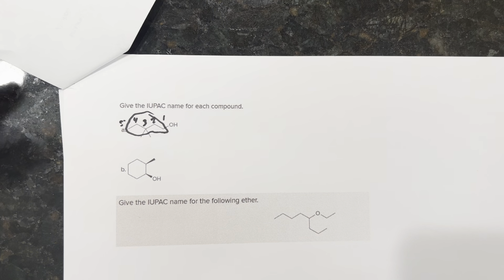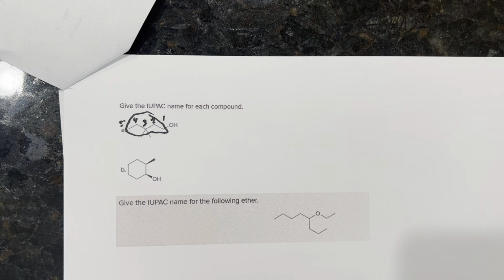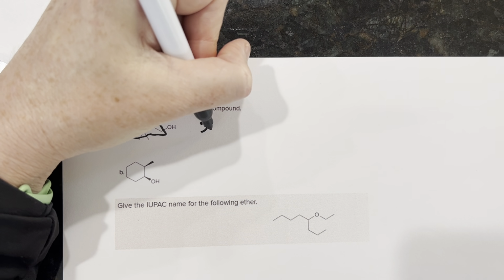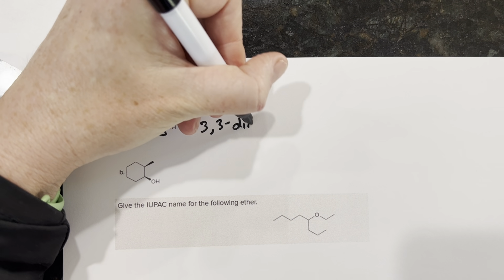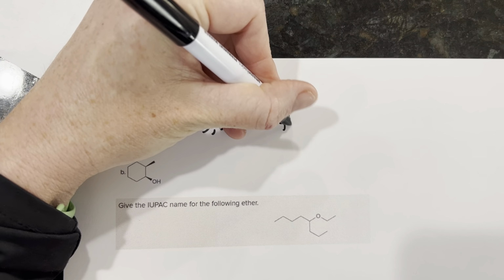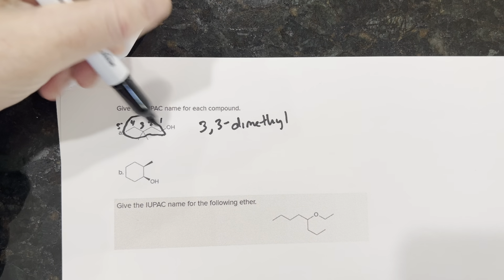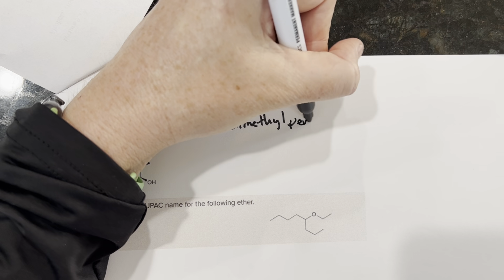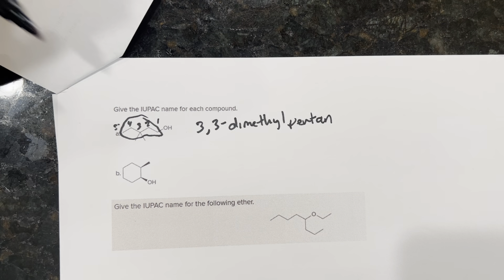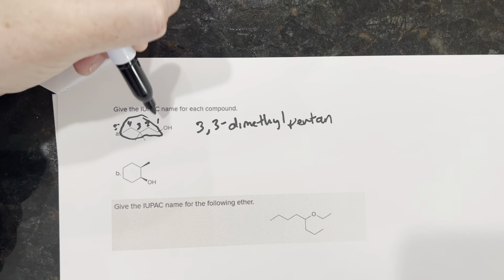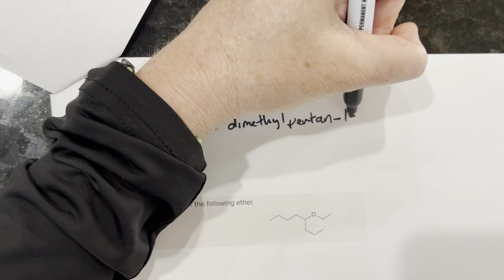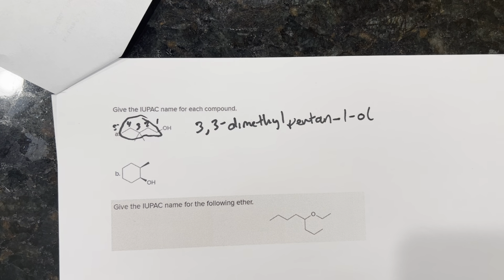So we have a 3,3 dimethyl. Again, we want to break it apart. We know it's a 3,3 dimethyl pentan, and then the alcohol was on the 1. So we'd call it dash 1 dash ol.